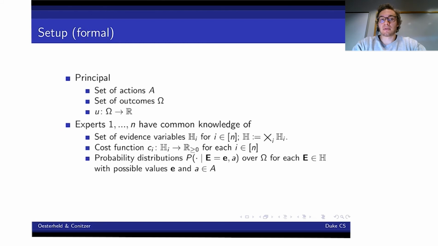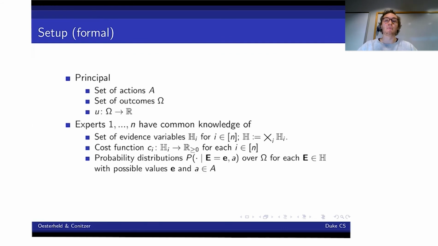And then the experts also have an understanding of what the evidence implies. So for each possible vector of values for these evidence variables, the experts know how to update their probability distribution for different actions based on this evidence.